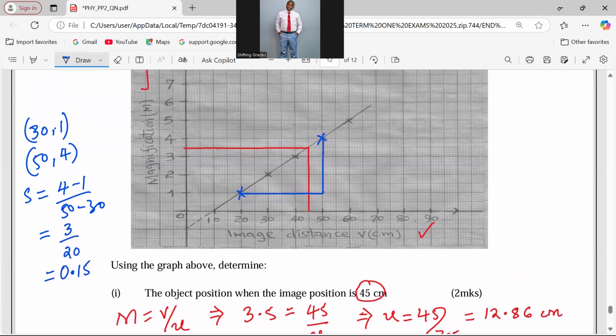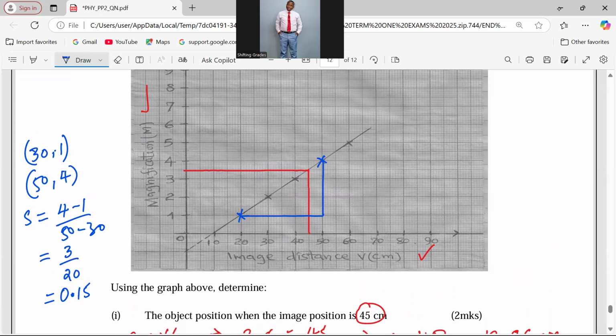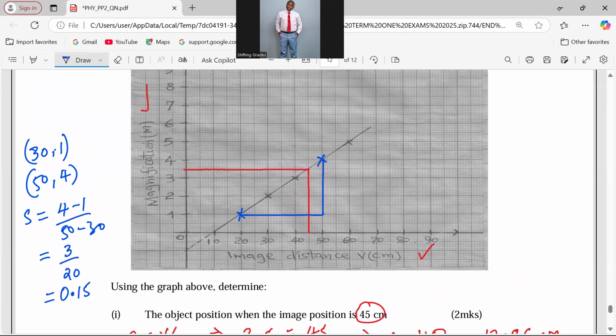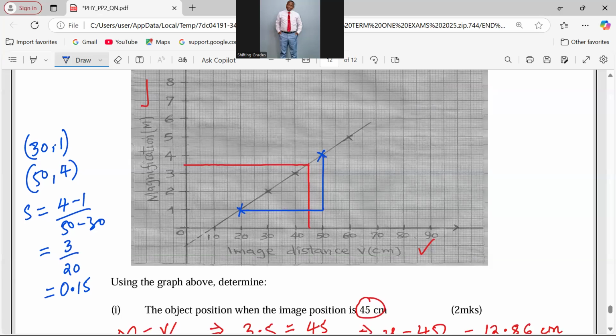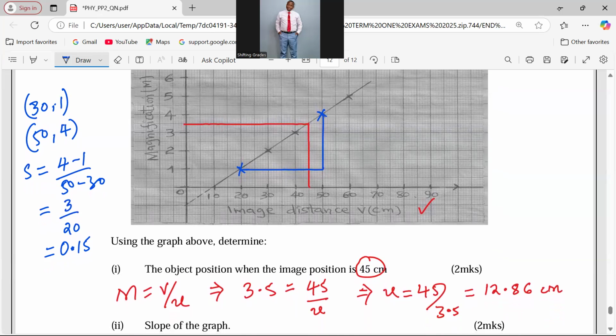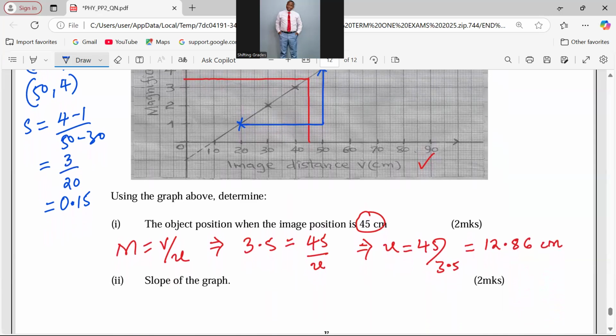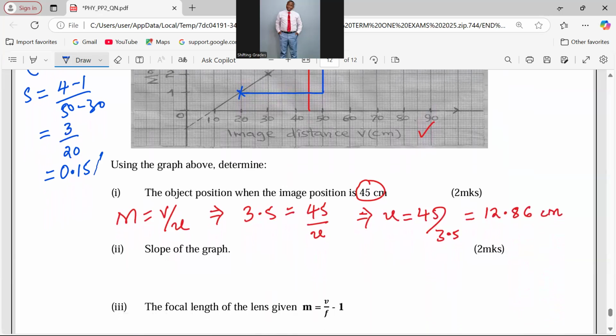Now, in this case, magnification is usually a ratio. It is a ratio of distances. Being a ratio, we don't expect it to have units. Now that it doesn't have units, we are going to rely on the units on the x-axis. From the numerator, we are not having units, because the numerator is where we have change in Y. But on the denominator, we are having centimeters.